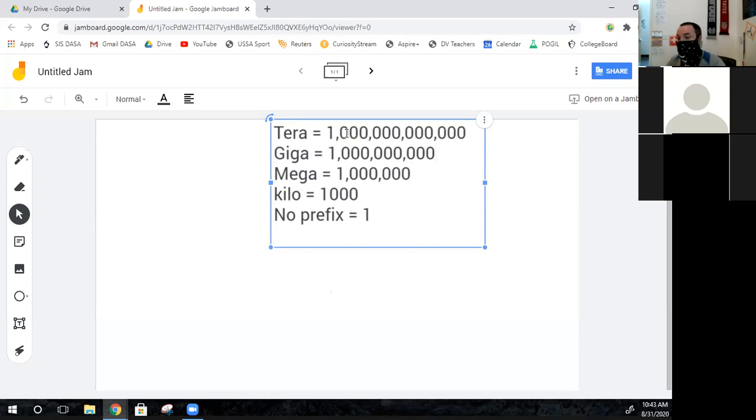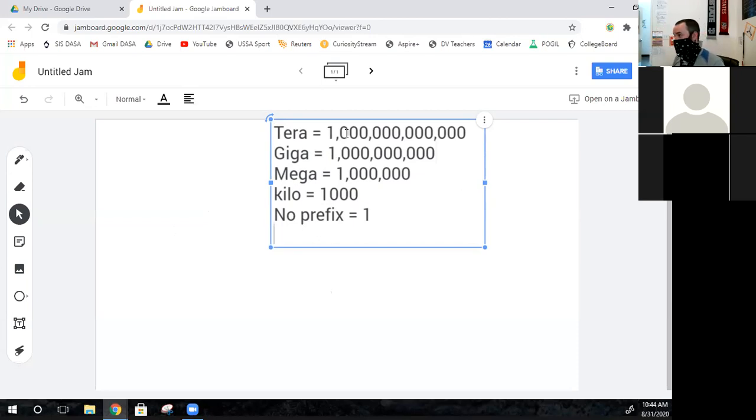Okay? So these go in orders of 1,000. A kilo is 1,000, so a kilometer is 1,000 meters. A megameter is 1,000 kilometers, or equal to 1 million meters.